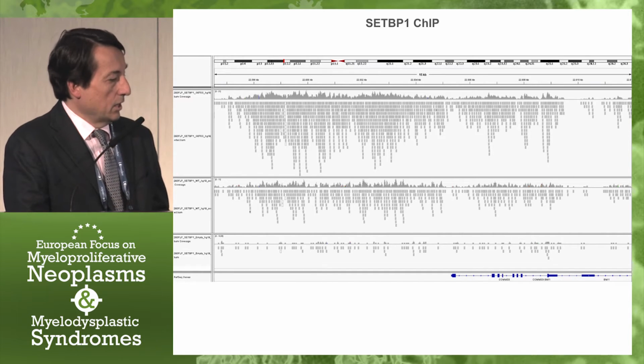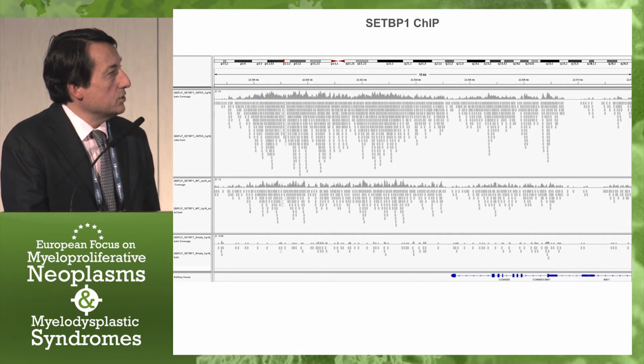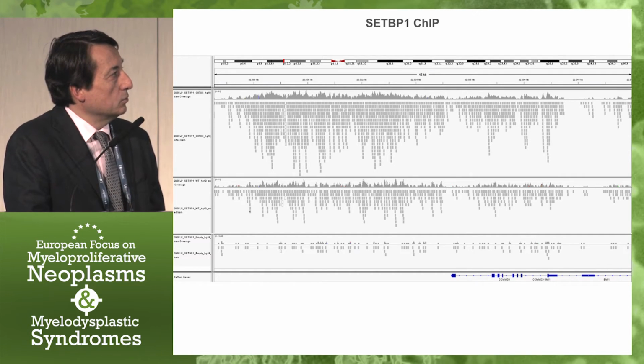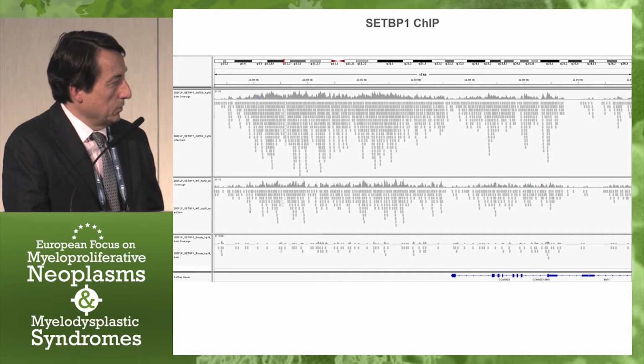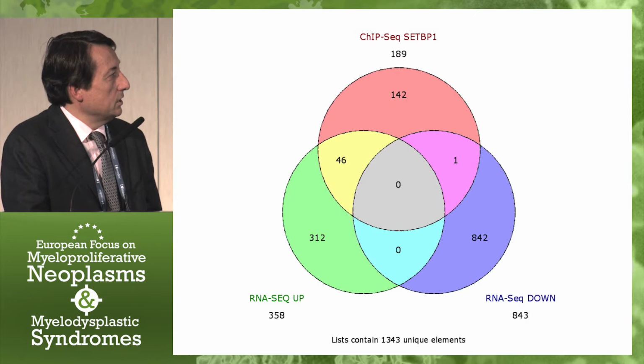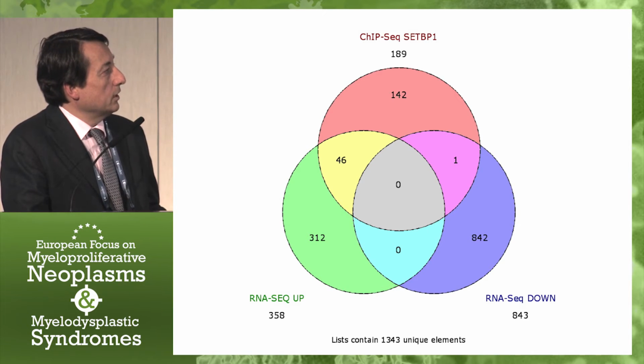So to couple this NGS data with functional data, we used RNA-seq to build gene expression profiles from SETBP1 positive or negative cells. And what we can see is that if you look at the entire number of the genes, you see that there are many more genes that are upregulated when SETBP1 binds their promoter than downregulated.